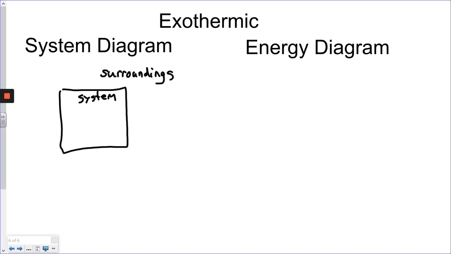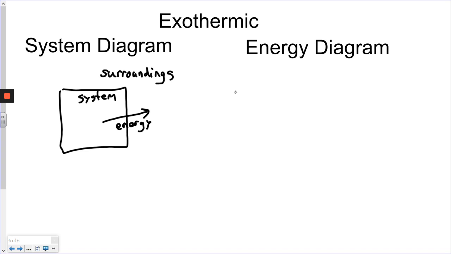So for exothermic, exo we can think of exiting. An exothermic reaction is when we have energy exiting the system and going to the surroundings. So if energy is leaving the system and going to the surroundings, that is an exothermic situation.